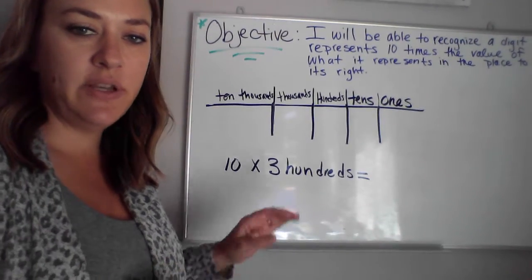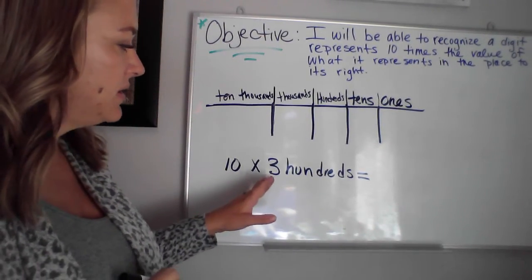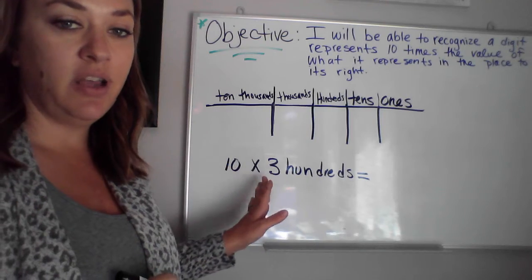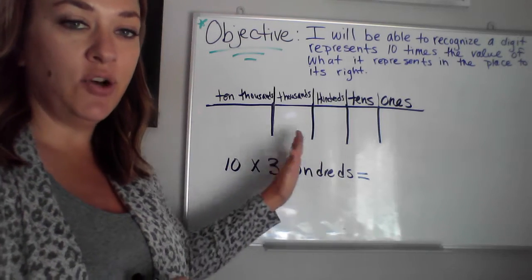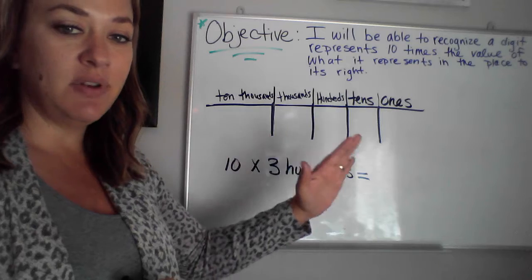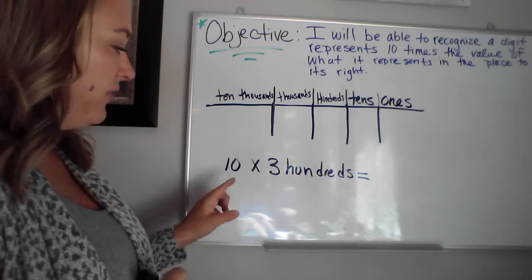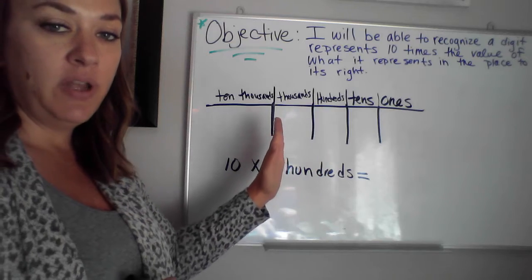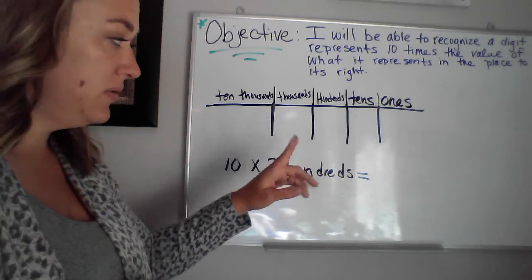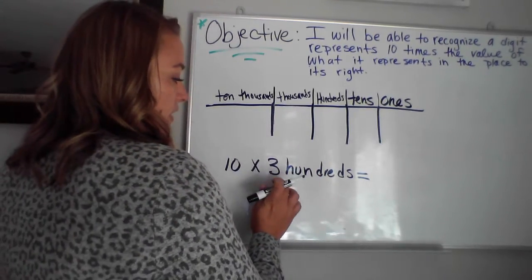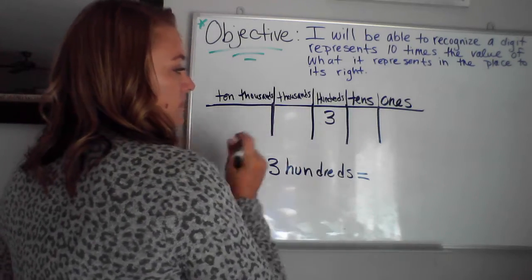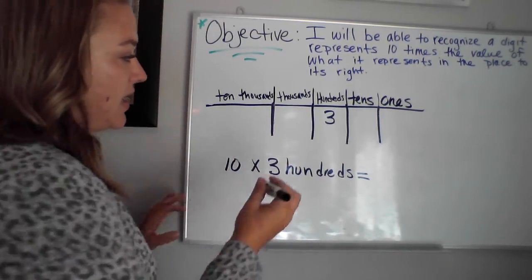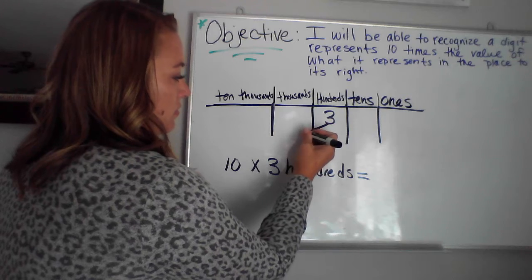Here's our equation: 10 times 3 hundreds. I'm using multiplication, so I know my value is going to get bigger, so I'm going to be moving to the left. If I'm multiplying by 10, then I'm going to move to the left 1 unit. If I have 300s and I'm multiplying that by 10, I'm going to show my arrow.